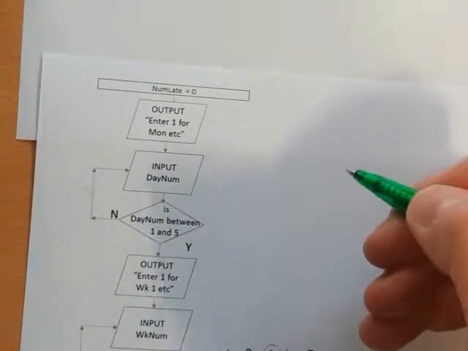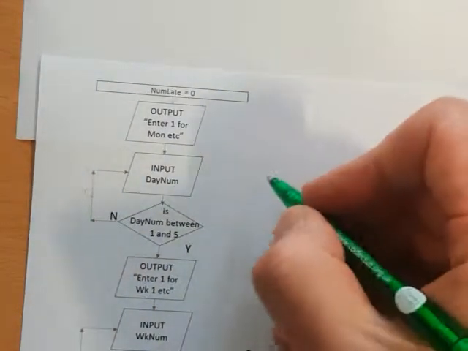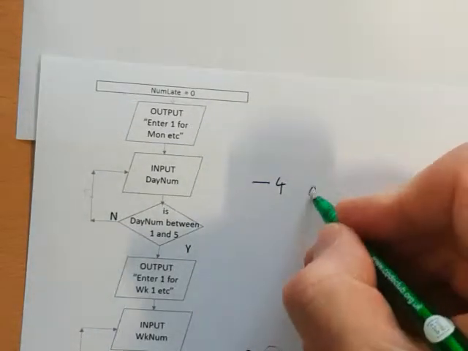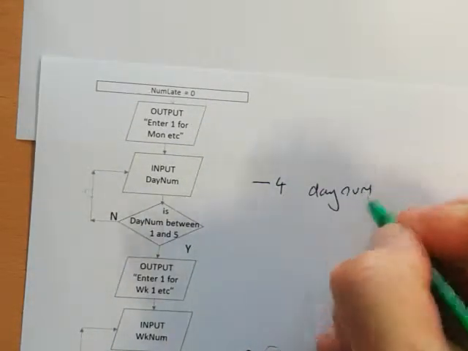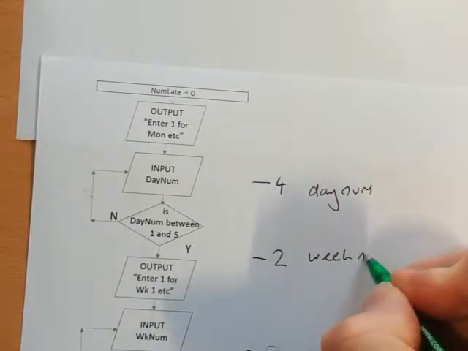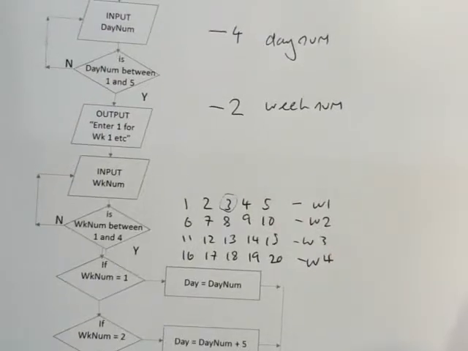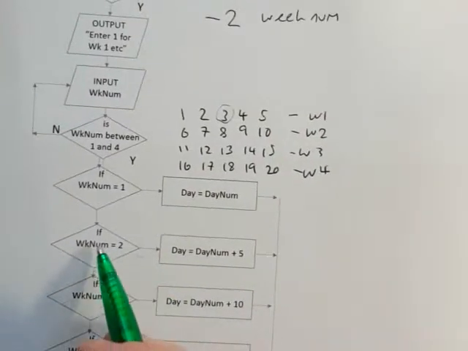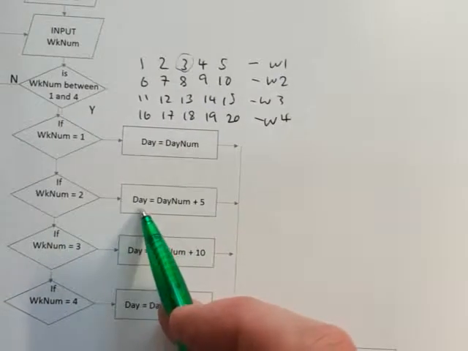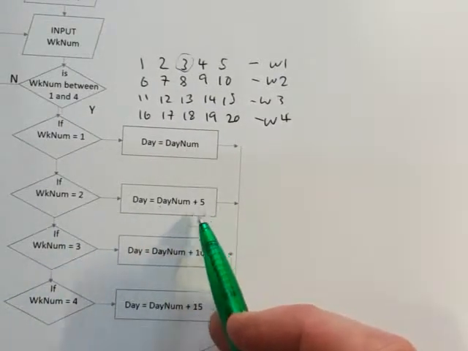So let's say they've typed in 4 for the day num, and they typed in 2 because it was in the 2nd week for week num. Okay, so looking at that, coming down here we say, well look, if week num equals 2, which it does, day equals day num plus 5.